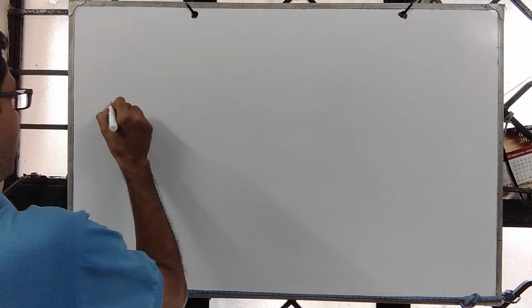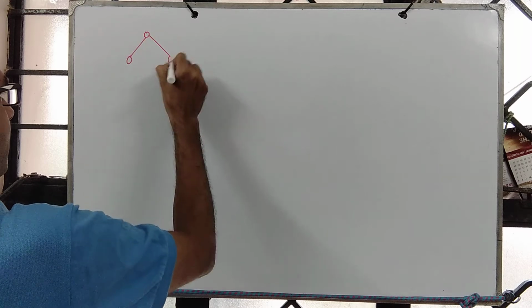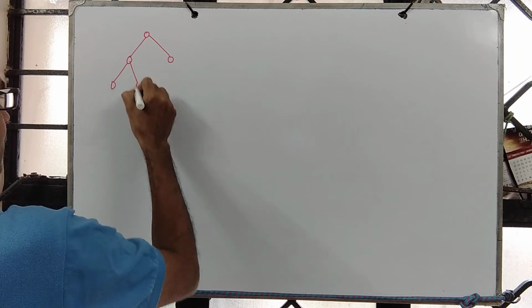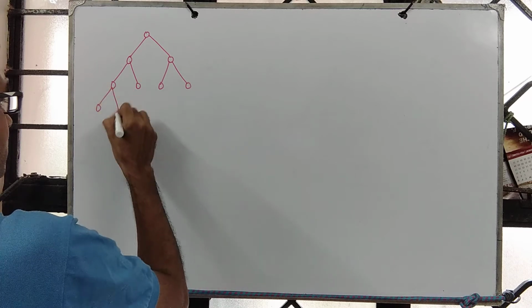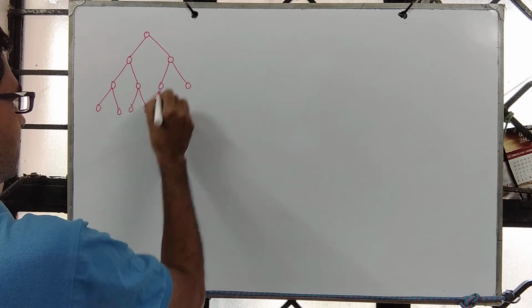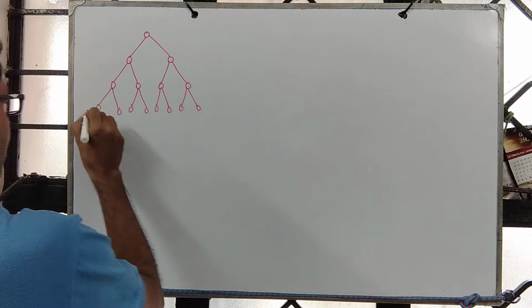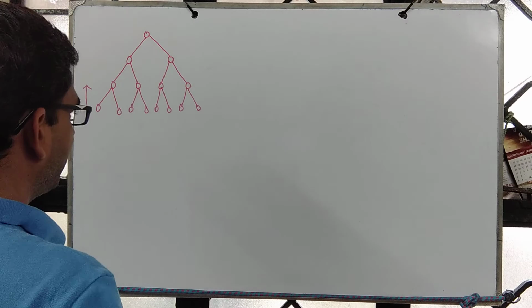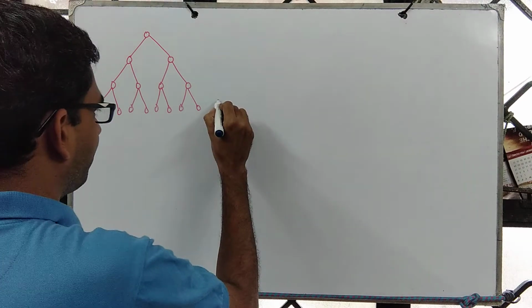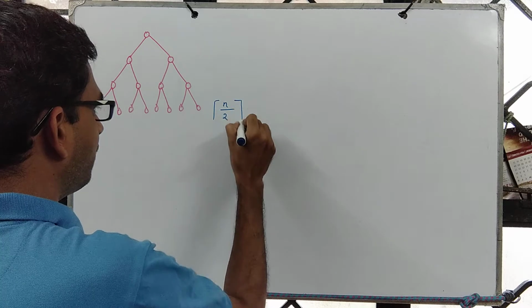So we see that if you look at a heap on n nodes, something like this, and when we run our algorithm in bottom-up fashion, we need to take the following things into account. At this level, there are n by 2.